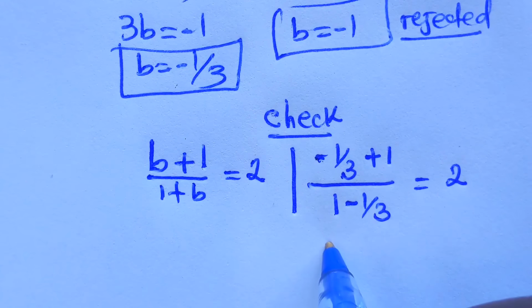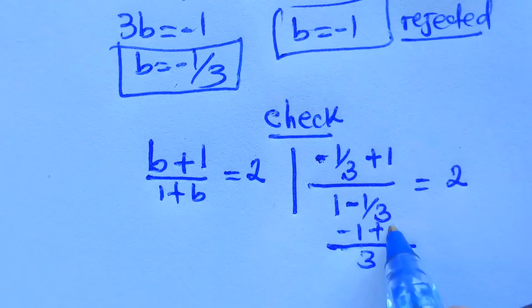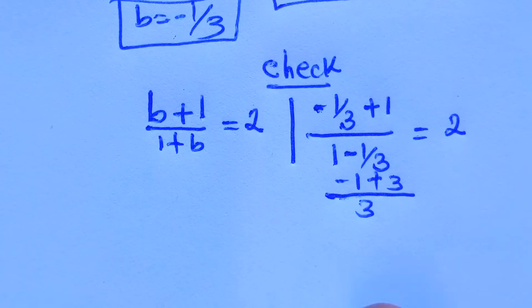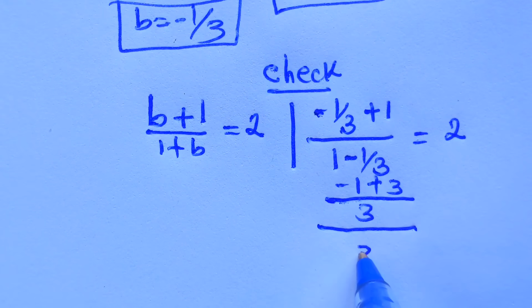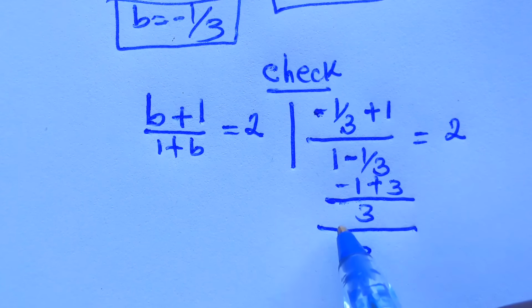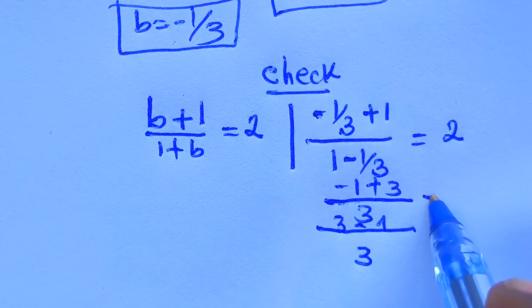Now, of course, here we have denominator of 3, negative 1 plus 3, over 3, and we shall get 3 minus 1.